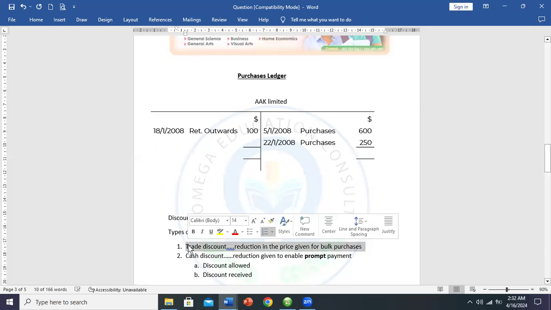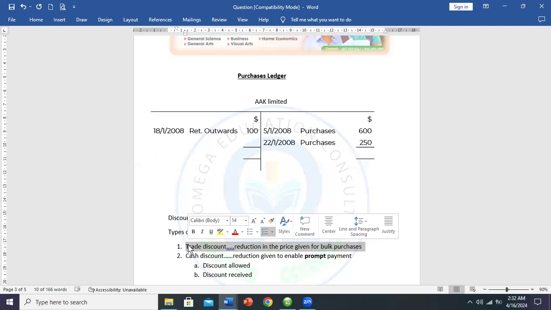this trade discount. So there are some questions where you see, bought goods on credit from Ama, blah, blah, blah, at a discount of 5 cedis. So that is a trade discount. Trade discounts normally occur when you buy the goods on credit or when there is a credit transaction.